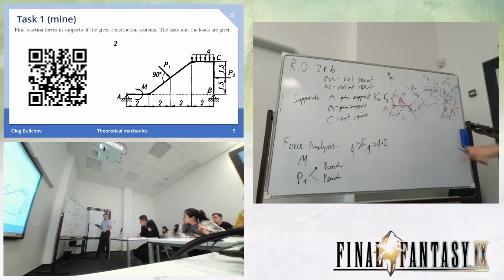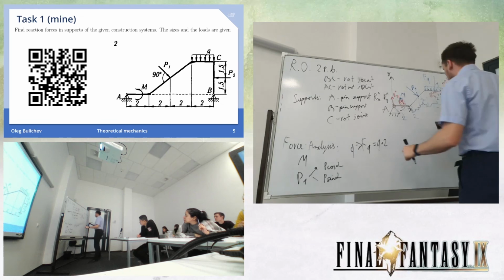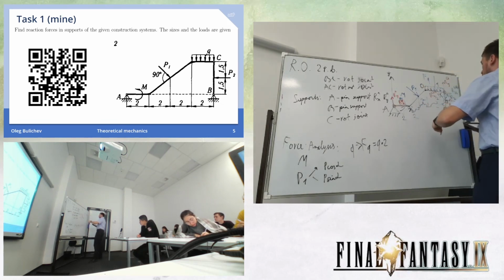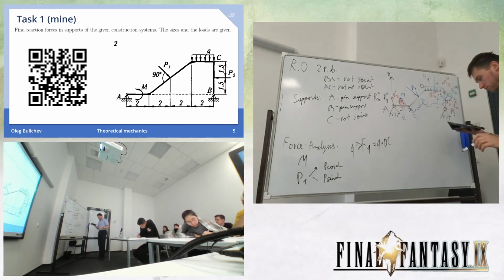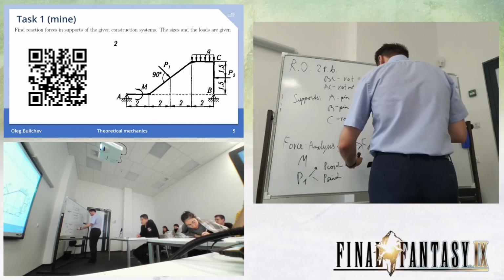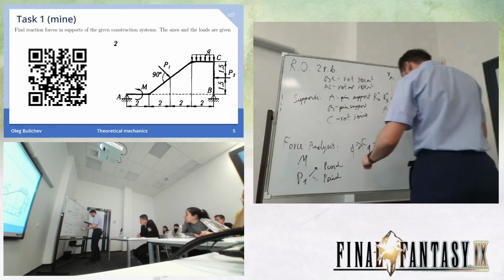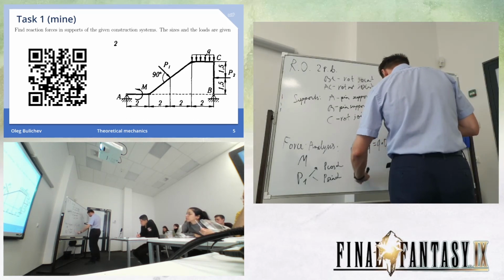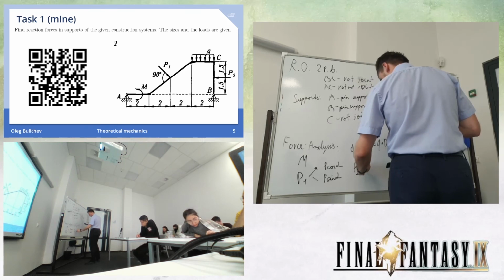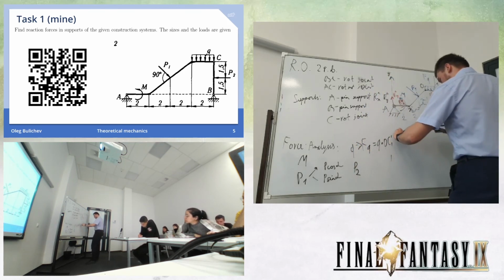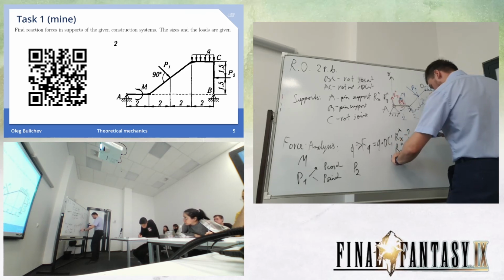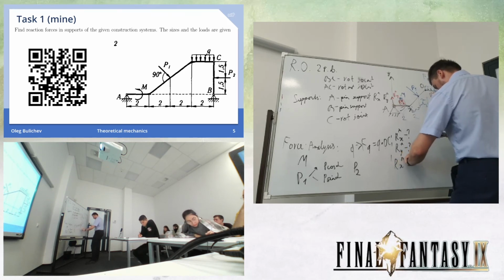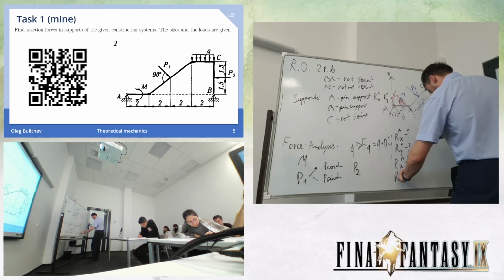Let's write OC. We know P2. And what kind of line? RxA, RyA, RxB, RyB.